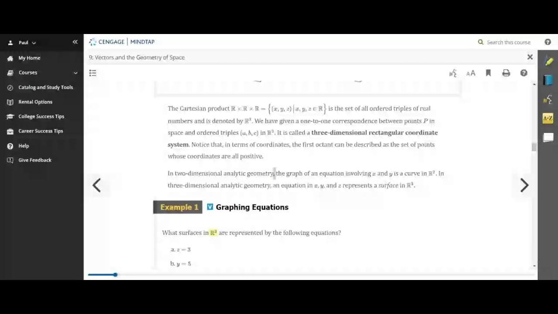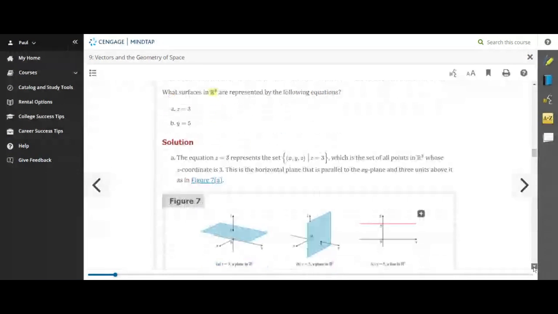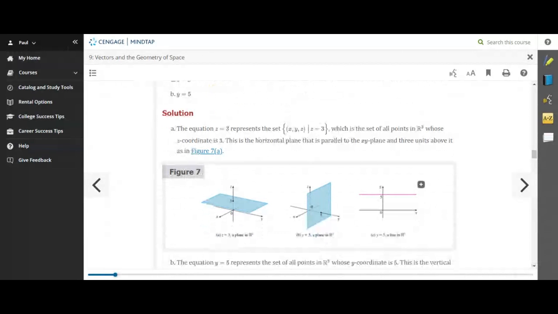And if we go back to the example, in figure 7 on the left, that's the picture of Z equals 3. It's a horizontal plane, 3 units above. And that's right, Yeva, it's an infinite plane parallel with the XY plane. That's what Z equals 3 looks like.